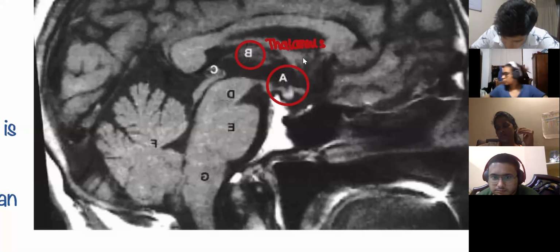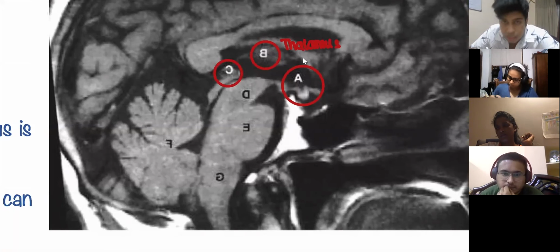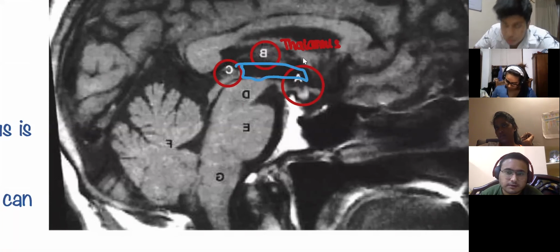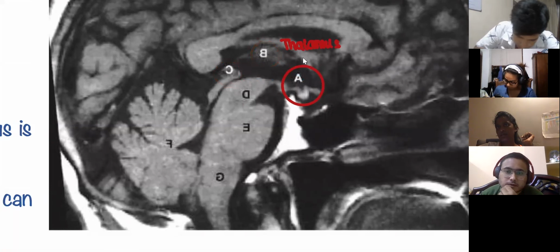Okay. What is C? What is the organ which is present here? So let me help you guys. This is the third ventricle. Yeah, this is the third ventricle. Okay. From here, the third ventricle originates. This whole area.